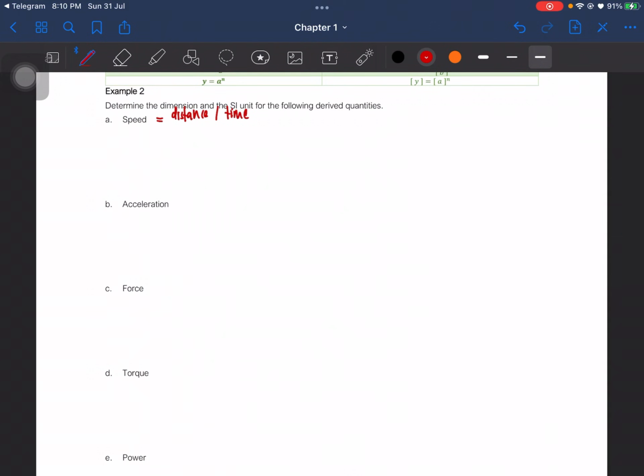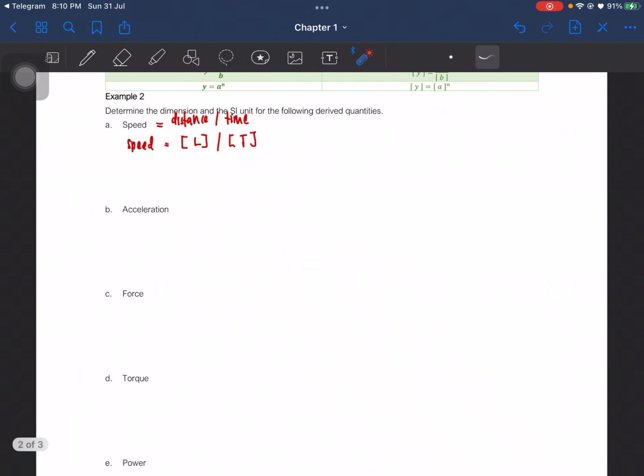The dimension of distance is L, divided by the time. Distance we can relate with length, that's why we put L as the dimension. It's about length, about how far it is.